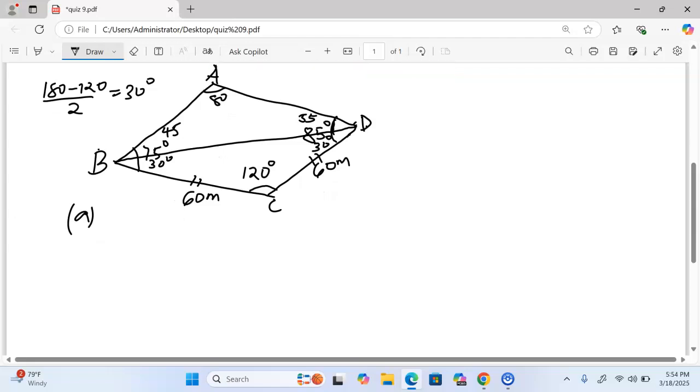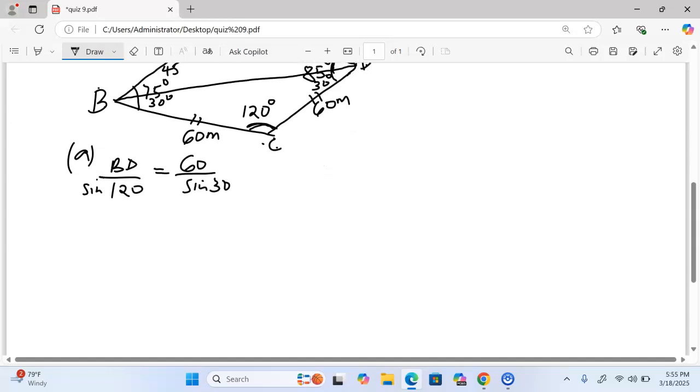We know if we take BD, divide by the angle that corresponds with BD, which is 120. So we say BD over sine 120. This must give us either BC or CD divided by the sine of the angle that corresponds to either of these two sides. If we use BC, we are simply going to use the length BC, which is 60, divided by the sine of the angle corresponding to BC, which is 30 degrees.